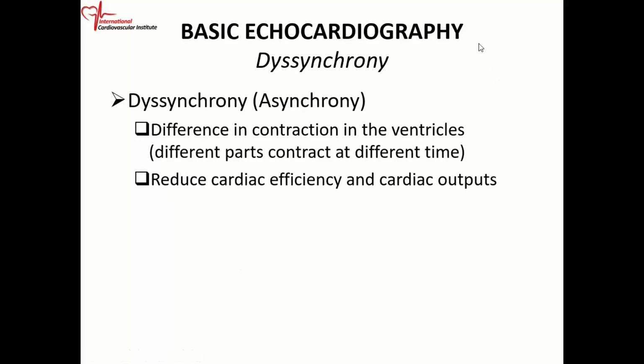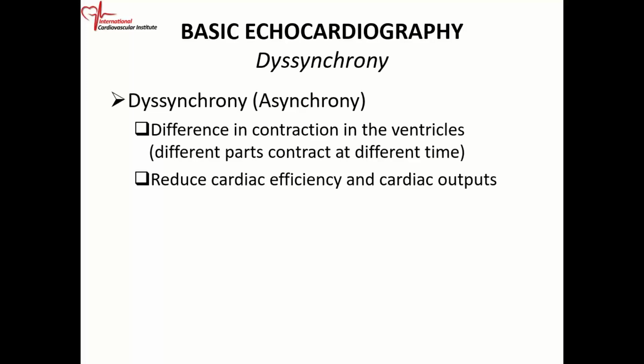All right, so when we say dyssynchrony, another term for it is asynchrony. It's a difference in contraction in the ventricles. So different parts contract at different times. For the heart to be very efficient, everything has to contract and move at the same time.